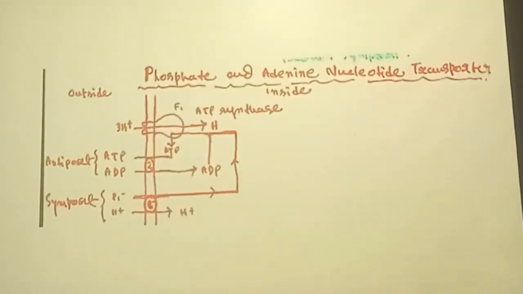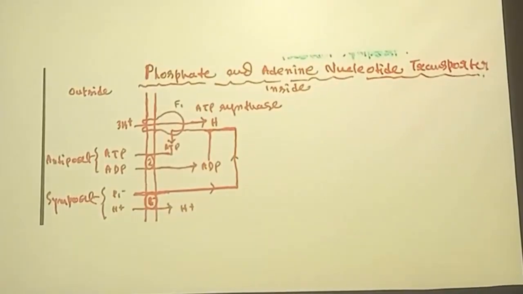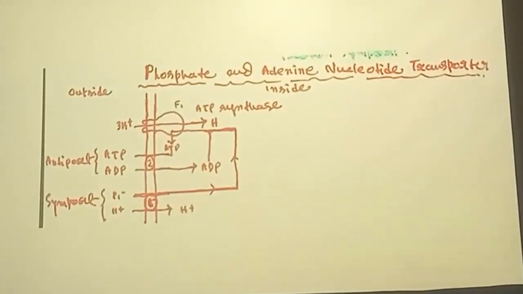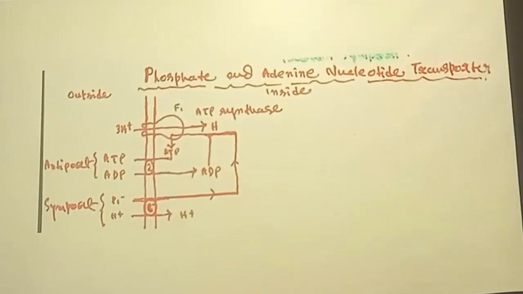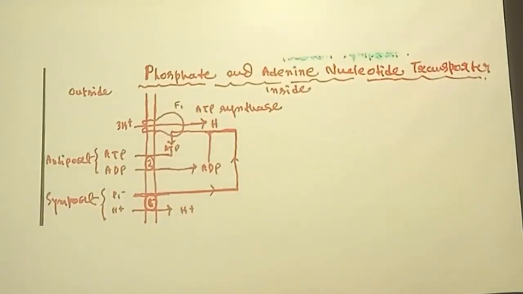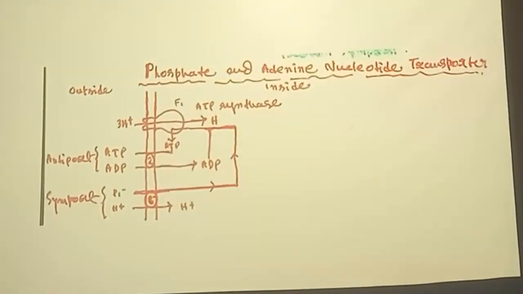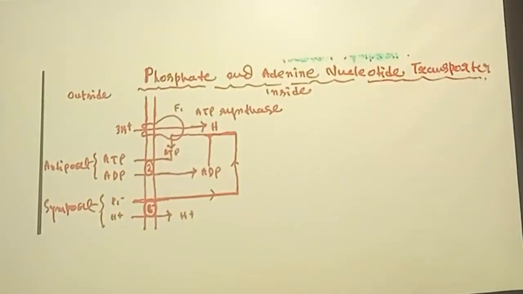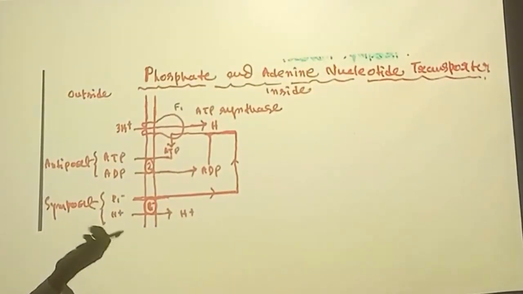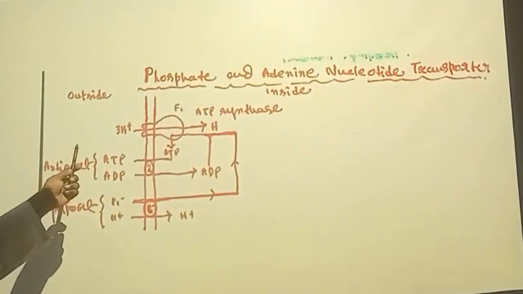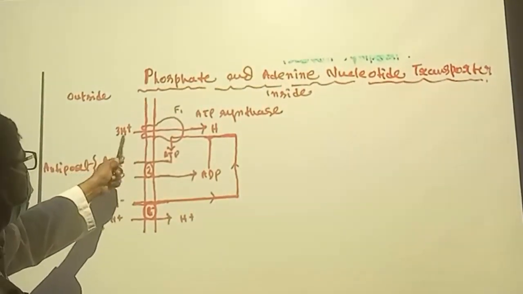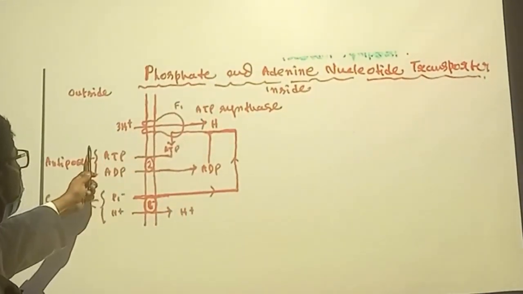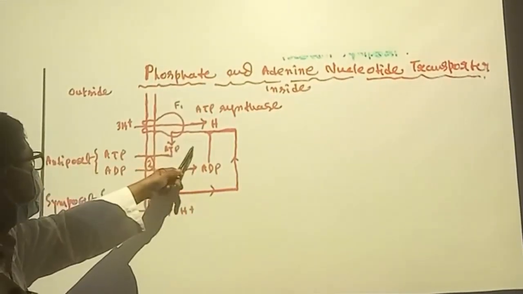Next. So these are the other reducing equivalents. The phosphates and ADPs also have to be transported through the inner mitochondrial membrane by a special ATP transporter. You don't have to remember all those diagrams. Because of this, you can see the proton is pumped. This is outside and this is inside.